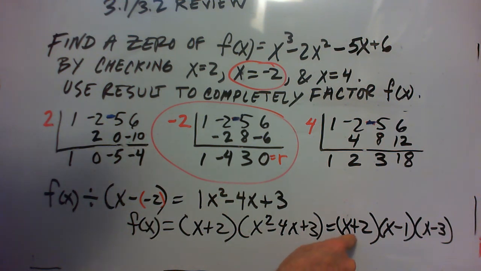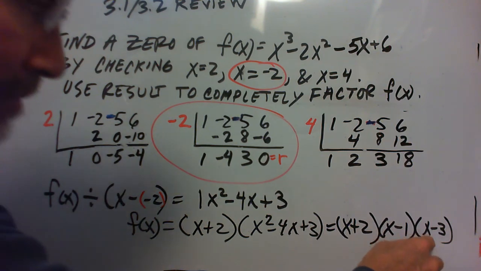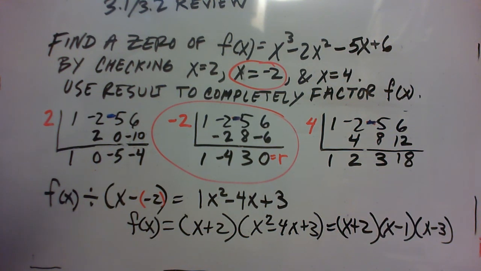So we'd have x plus 2 times x minus the first solution times x minus the second solution in whatever the radical form is. We could have factored this even if that quadratic didn't factor. But for these problems, I did make them factorable.